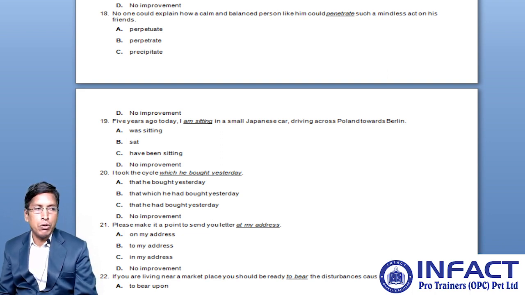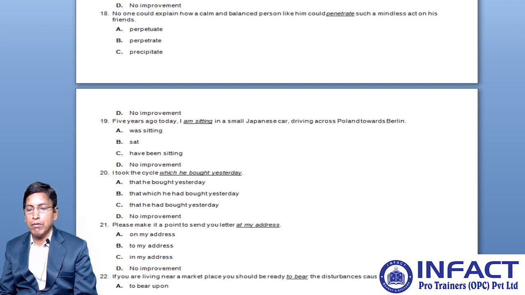Now let us move to question number 19. Five years ago today, I am sitting in a small Japanese car driving across Poland towards Berlin. So now the underlined word here is am sitting. What should replace the words given in the statement? Either was sitting or sat or have been sitting, that should match.